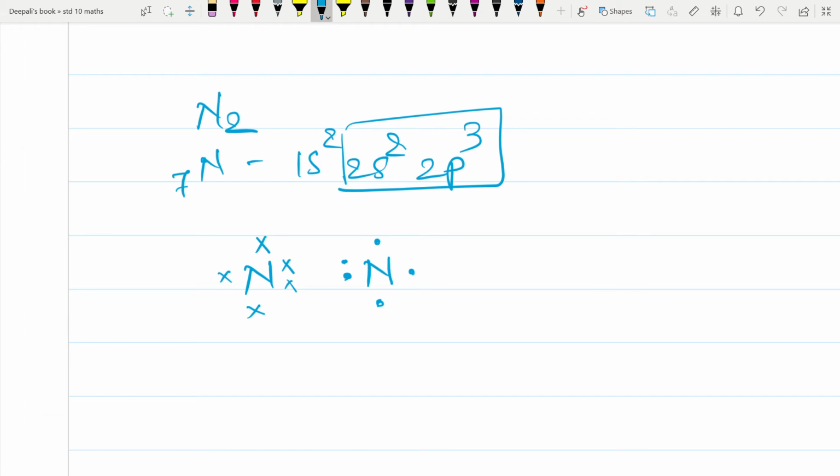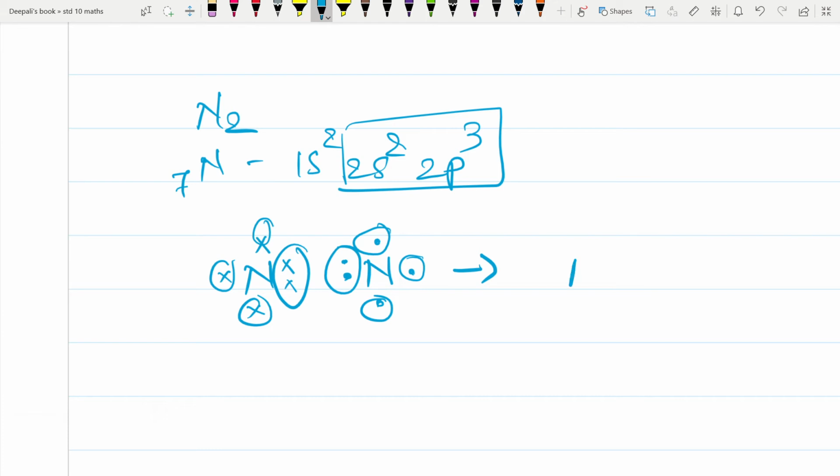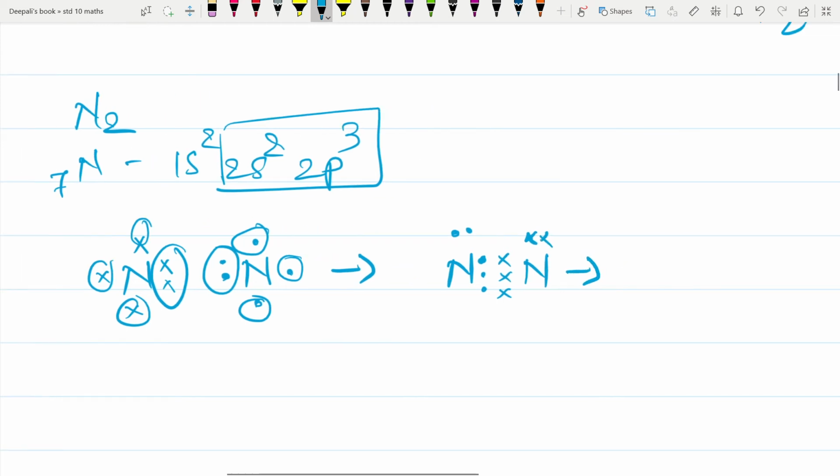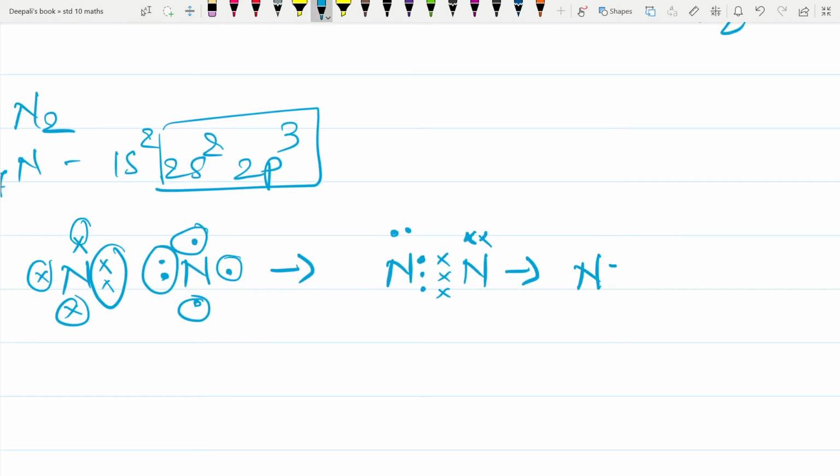Now here, if this bonding takes place, 3 electrons are free here and 2 are here. So it has to orient itself in such a way. This is how it will show the bonding, and so nitrogen will form triple bonds. That is, N2 has a triple bond.